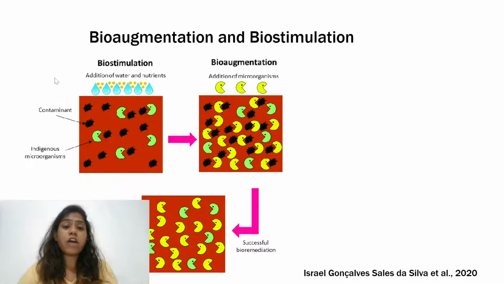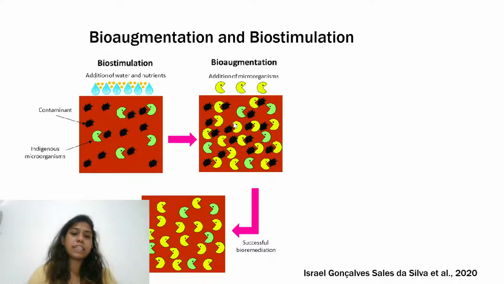Whereas bioaugmentation is a process where we externally add microorganisms. So these are not indigenous microorganisms, they are not already present in the site of contamination. Here you can see that there's a yellow color microbe and a green color microbe. The green color is what is already present in the given site, but this yellow color is what they are externally adding.